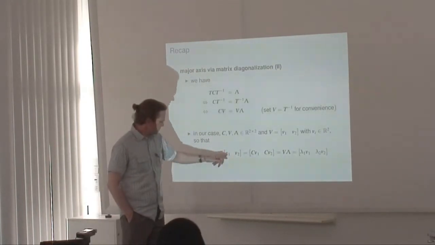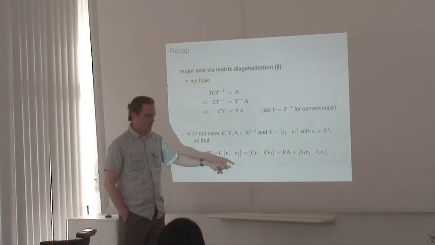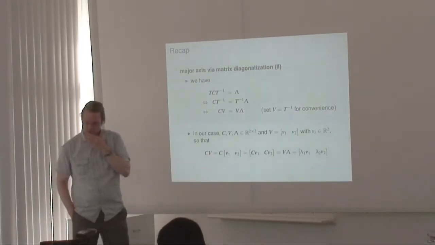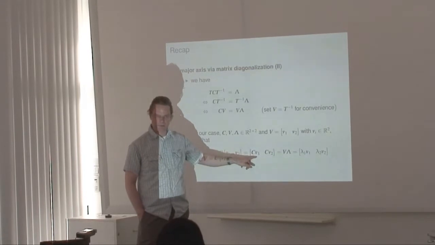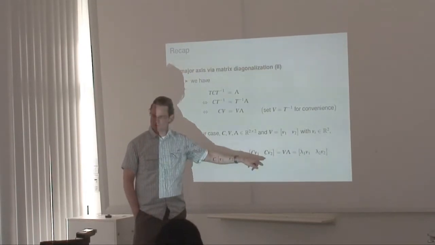If we compute this product between these two matrices, we find that it will result in a matrix where the first column is C times V1 and the second column is C times V2.